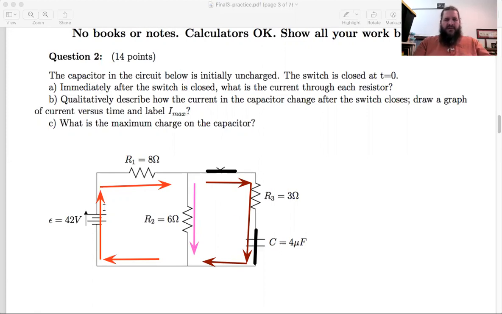So we'll call these I1 and I2 and I3. And we want to figure out what is each of those currents at time 0 before the capacitor has any charge. Any thoughts on how we could find those currents?